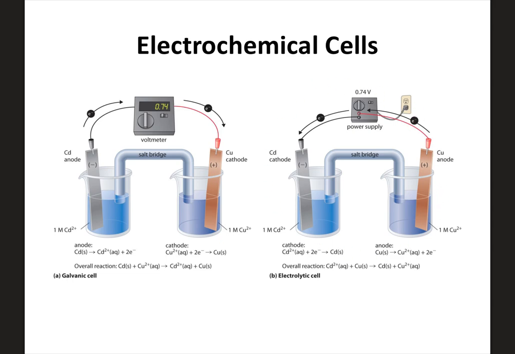You are not generating electrical current. Notice there's a power supply that's plugged in. You are providing an electric current in order to force the reaction to take place because it is a thermo-unfavored reaction. So this is the big difference between a galvanic cell, which is thermo-favored and generates electric current, and an electrolytic cell, which is thermo-unfavored and needs an electric current to make it go.